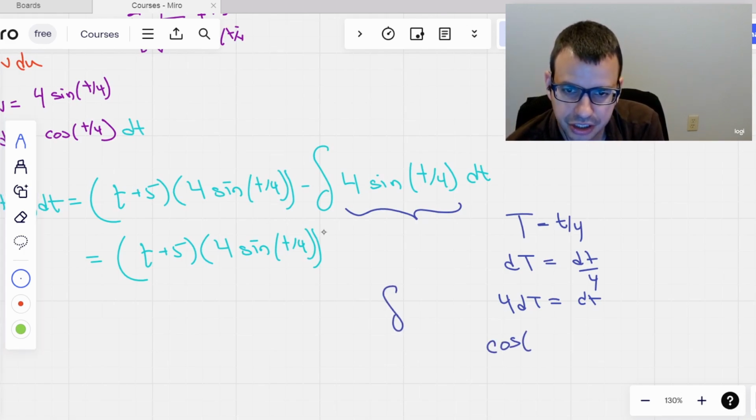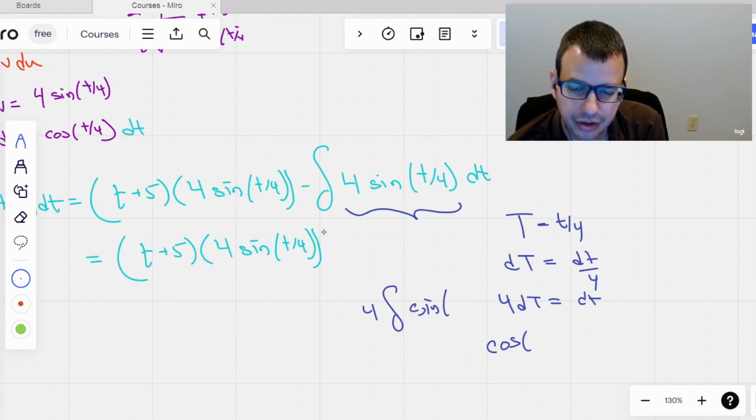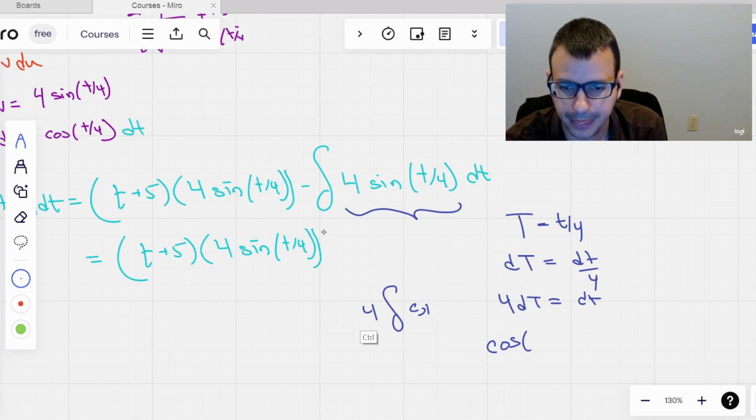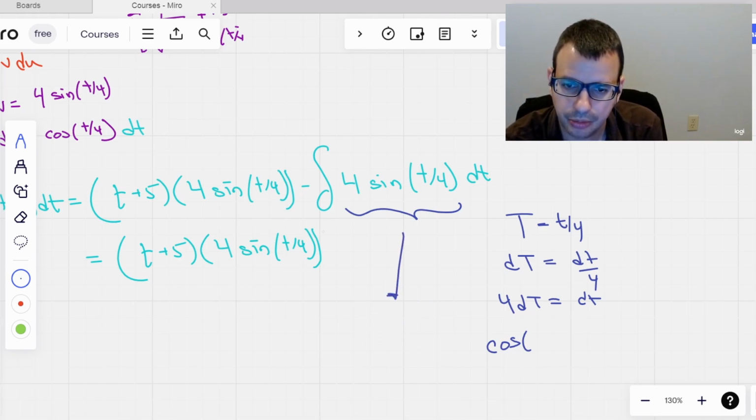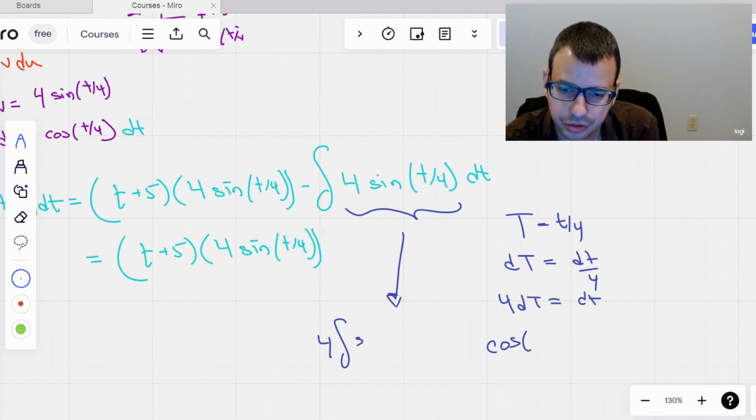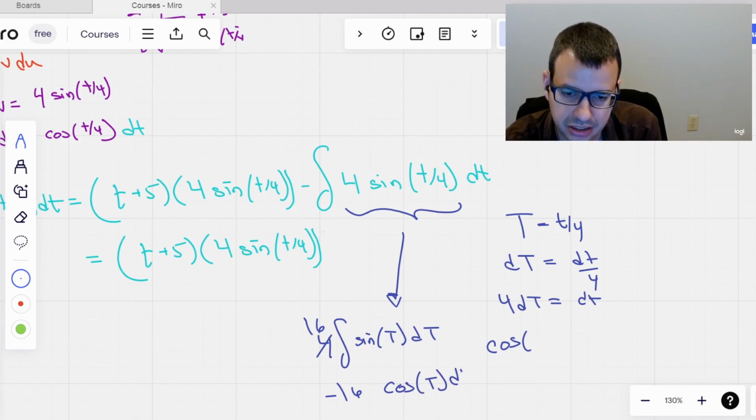So this is the integral of sine big T, and then dt is going to be dT, that becomes 4 times 4, which is 16, and that becomes 16 cosine negative of big T, which is the same as t over 4.